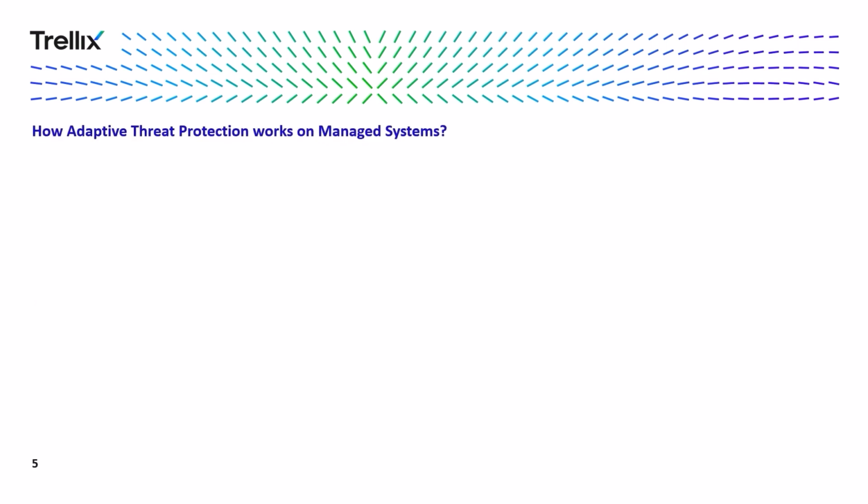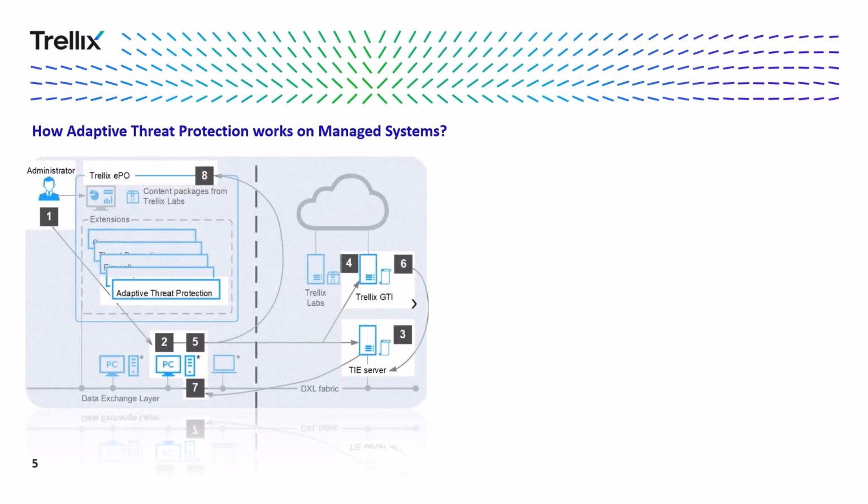How Adaptive Threat Protection works on managed systems. Here is a picture that shows a workflow of a client machine which has access to both Trellix GTI and a TIE server. In the first step, an administrator configures policies on the ePO server, which get enforced to the client systems.